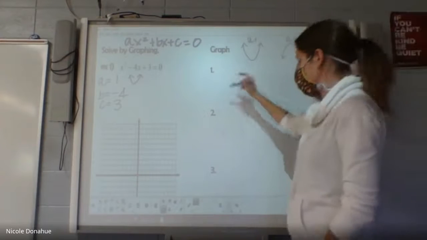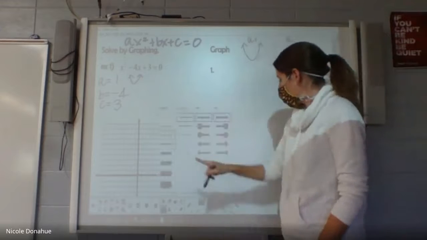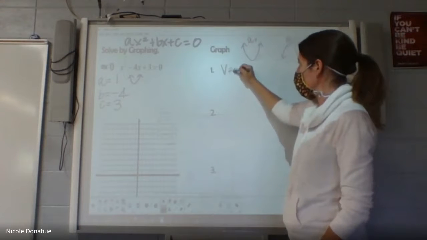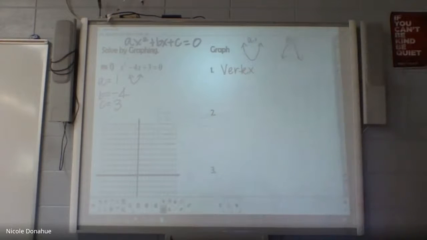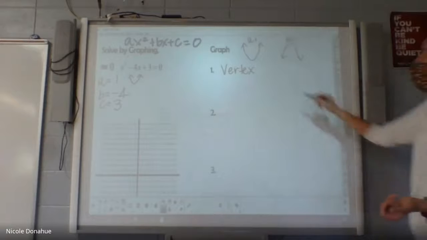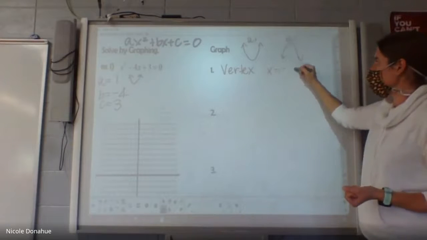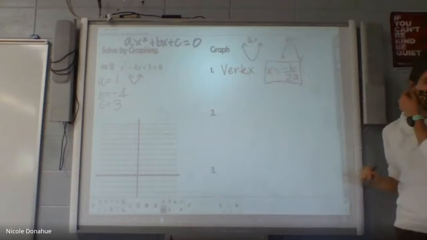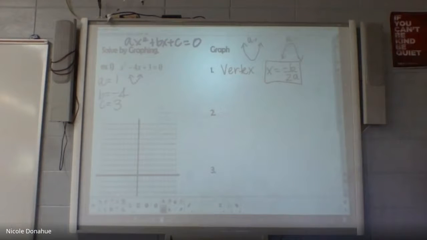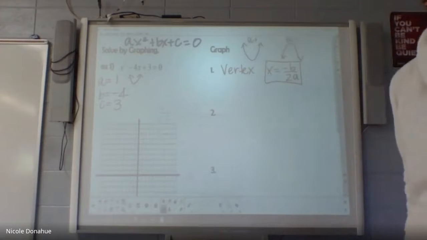We're going to find the vertex of the parabola. The vertex is the center of the parabola. The equation we used in the warm-up tells us the vertex, and that's x equals negative b over 2 times a. So that formula we had in the warm-up wasn't just some random formula. It's meaningful because of the vertex.